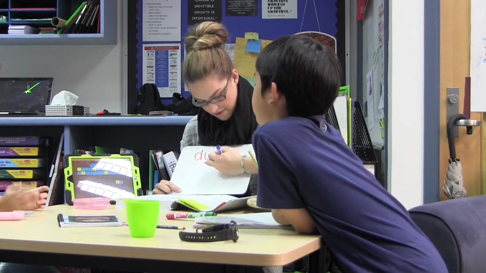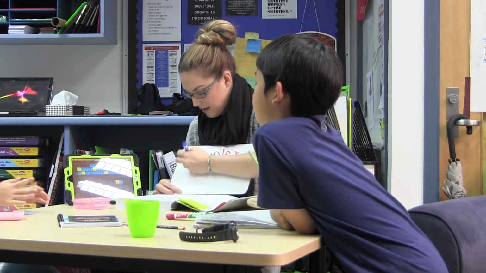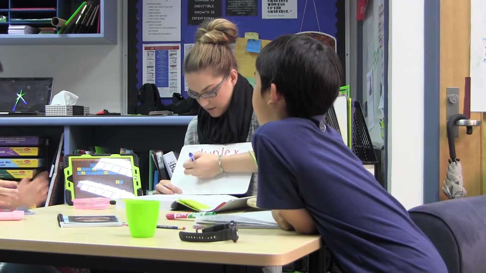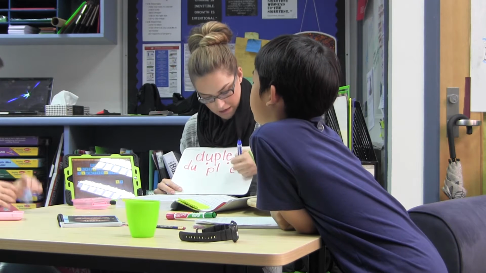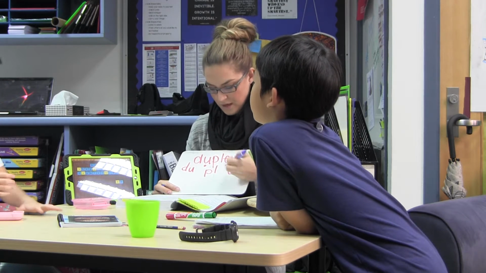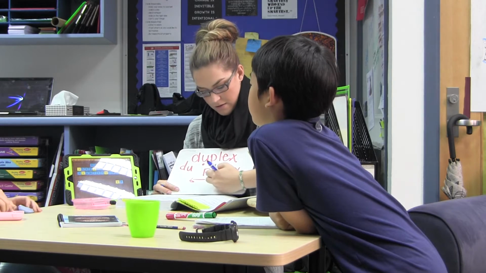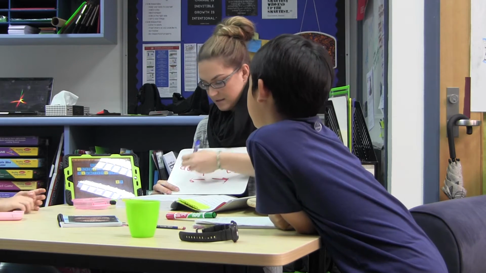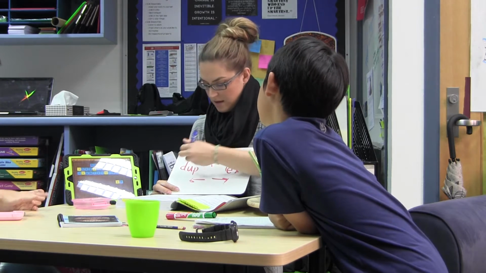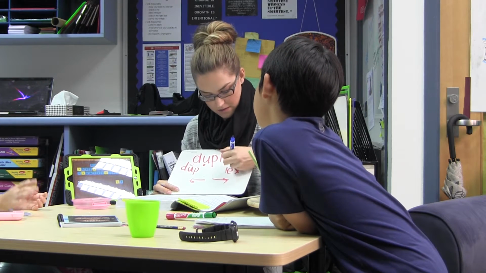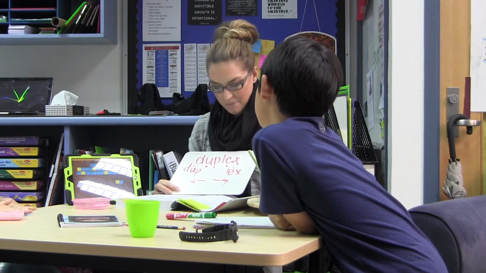I'm going to identify my vowels. I feel like I'm getting pretty comfortable with this. And then I have my 2 letters in the middle and then my second syllable. And normally I would go to split my letters. So I would have the P and the L. And then I would check my vowels. They'd both be short and my word would be duplex.